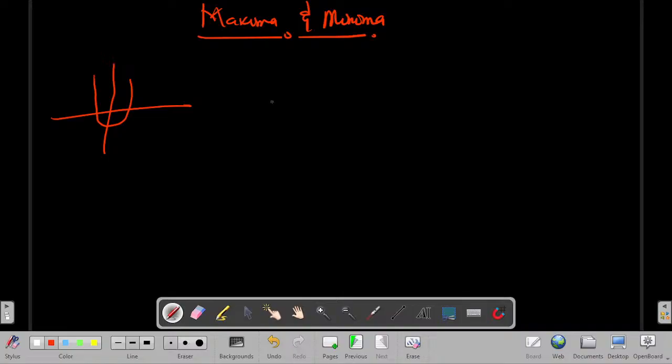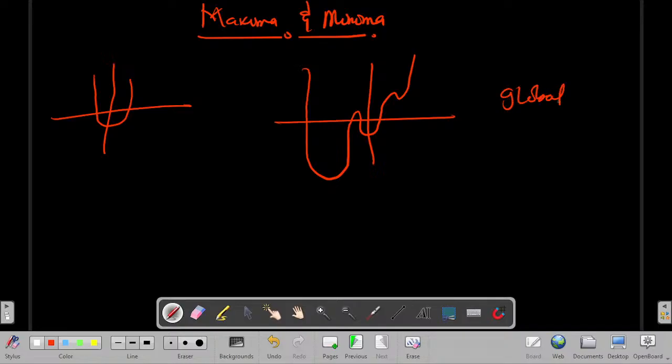Let me draw a proper one. You have something like this, something like this. In high school, you learned about calculating the maximum value. You have the global maxima, and you have the local. So local and global minima or maxima. This is just a reflection on those things.